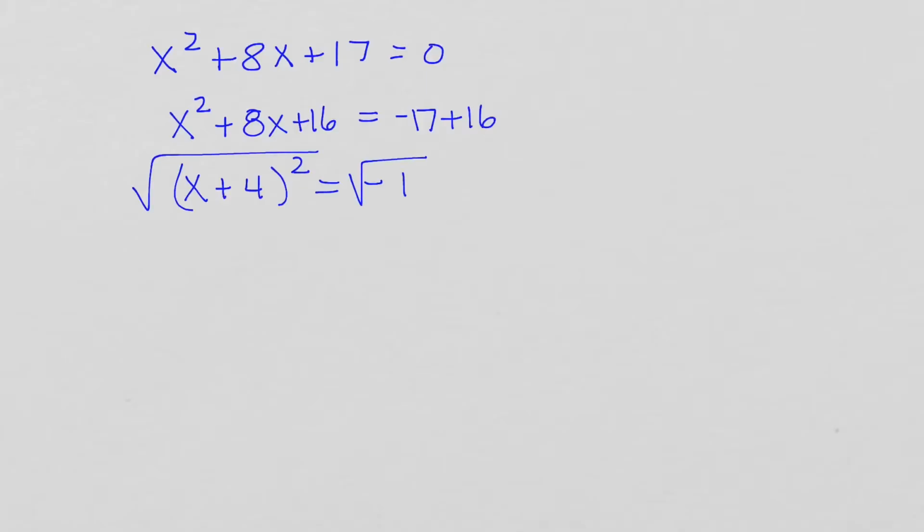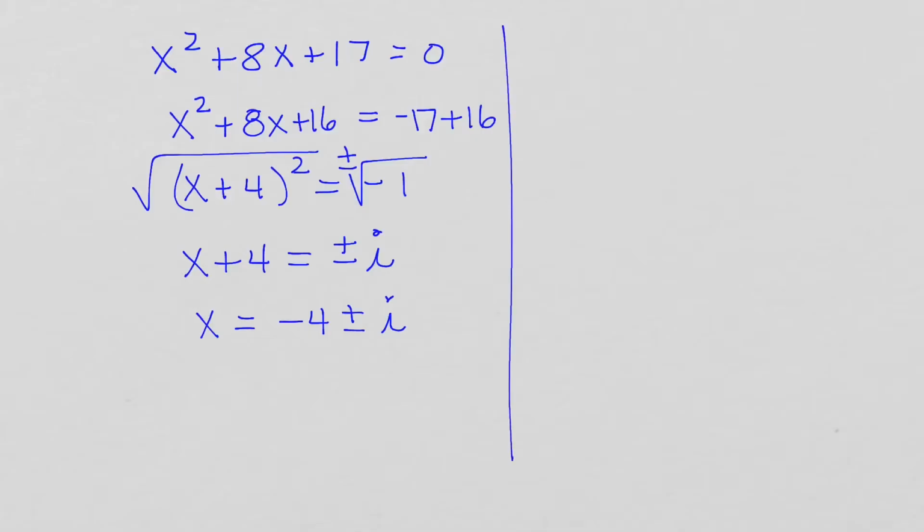Square root both sides, and then I have x plus 4 equals plus or minus i. So x equals -4 plus or minus i. So completing the square actually makes this a much quicker problem, in my opinion.